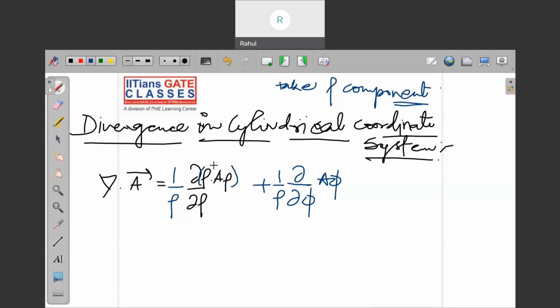In this manner you can keep it in mind forever, right? So 1 by rho dou by dou phi of A phi, this is a differential length here, and z is simply dou Az by dou z component. So this is very easy, right?